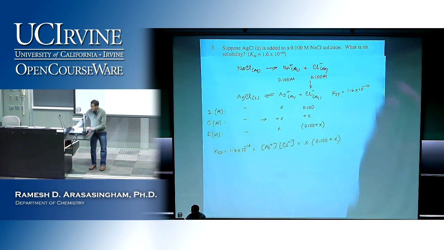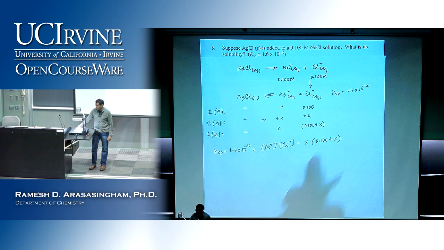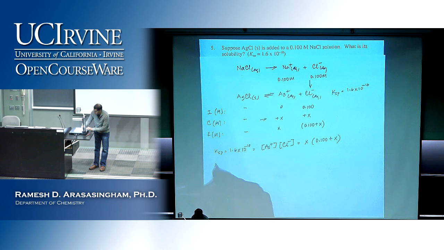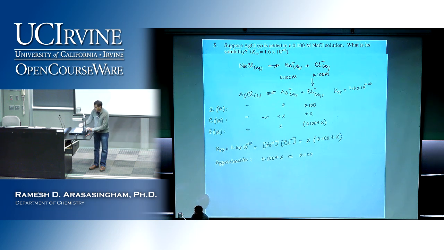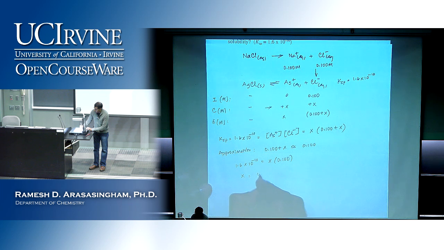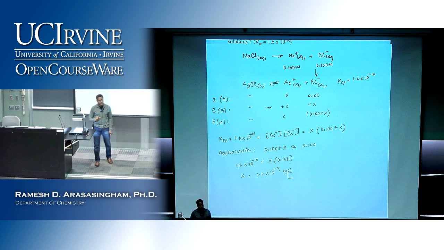Remember, Ksp is 10 to the negative 10, a really small number, so X has to be really small compared to 0.1, and we can neglect it. Then 1.6 times 10 to the negative 10 equals X times 0.1, therefore X equals 1.6 times 10 to the negative 9 moles per liter.